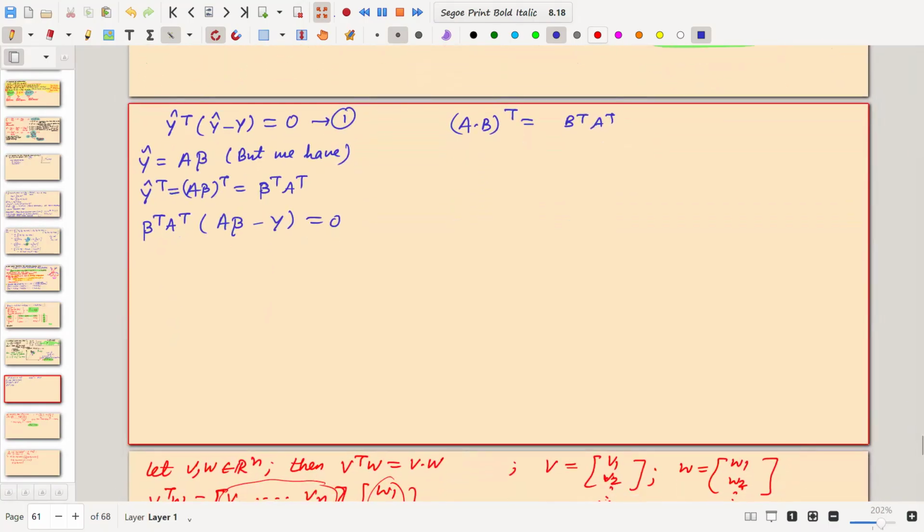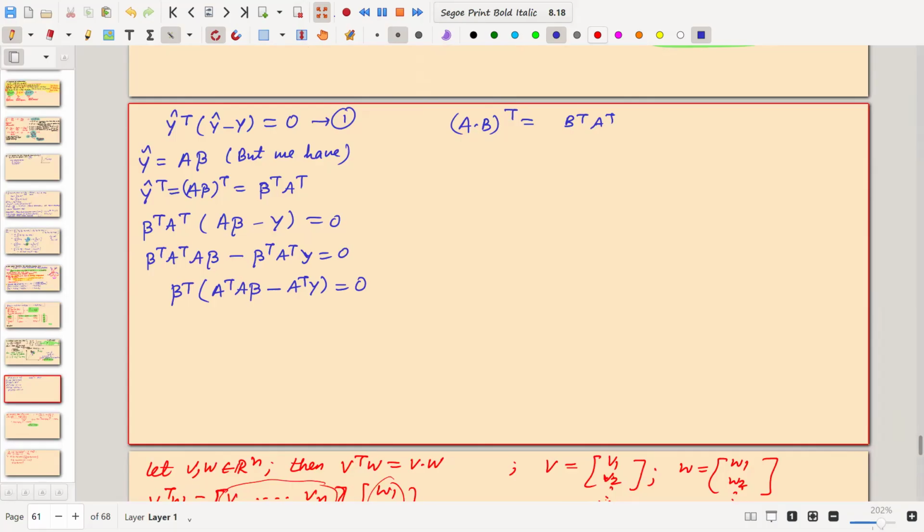Agree. Can we solve it? Can you solve it? What will you get? Beta transpose A transpose A beta minus beta transpose A transpose Y equals 0. Can I take beta transpose common? If I take beta transpose common, I will get A transpose A beta minus A transpose Y equals 0. Now the multiplication of these is 0.